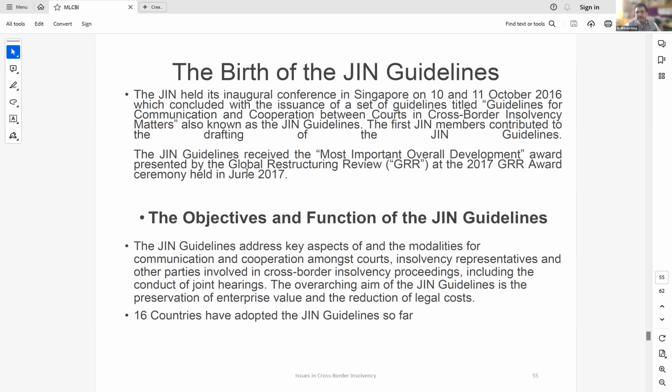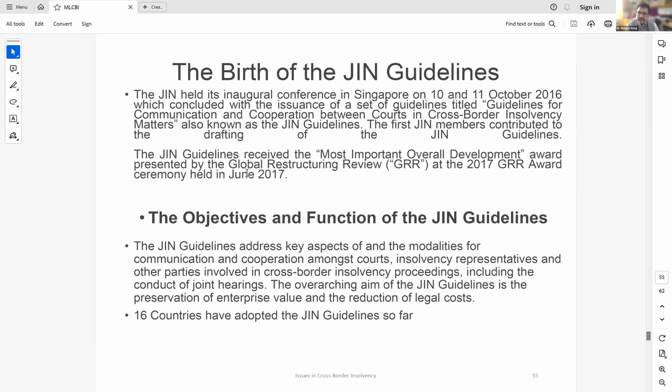No, this is actually courts. Basically the promoter is the Singapore court. There is a Singapore insolvency court, and they have promoted this JIN, Judicial Insolvency Network. And the judges from India's Supreme Court have also participated in these JIN conferences.